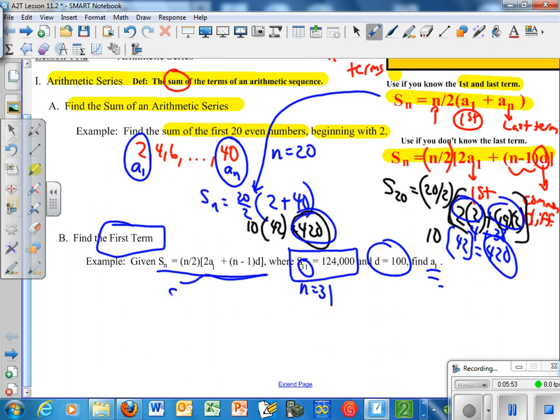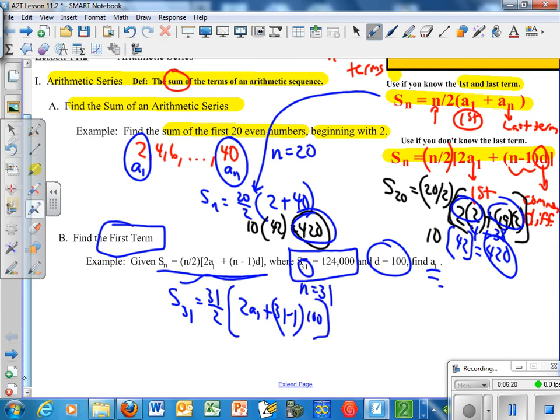So I'm going to do S subscript 31 equals 31 divided by 2, and then 2 times A1 plus 31 minus 1, which would be, because we know n is 31, times D, and D is 100.